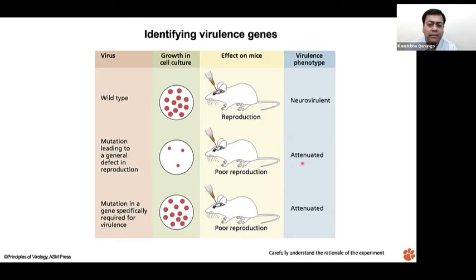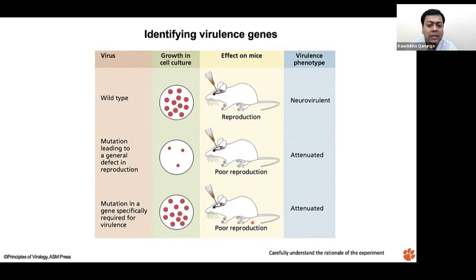That's very logical. On the other hand, this is a mutation in a gene specifically required for virulence, where you understand that the replication of the virus is as much as the wild type, but still the mutation in that gene causes poor reproduction in the animal, and it is attenuated.